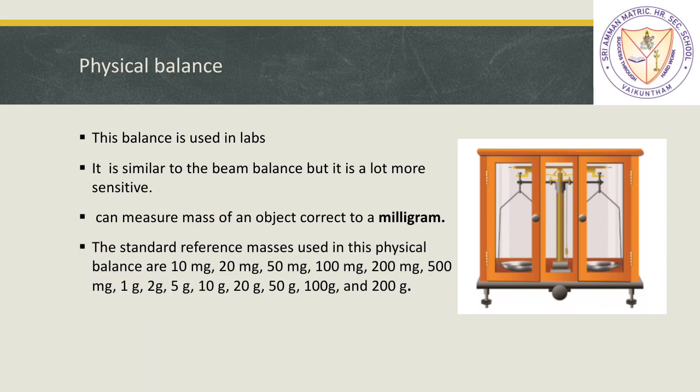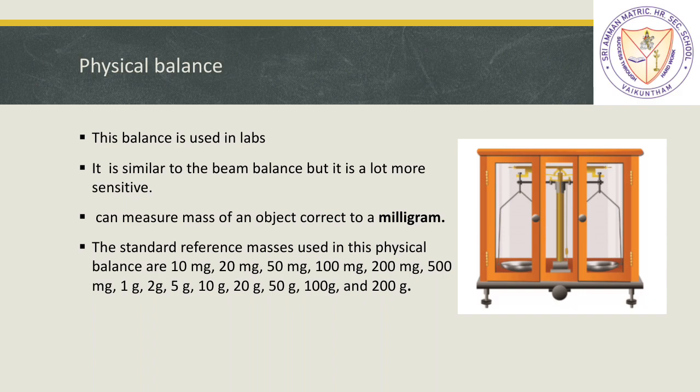The standard reference here also, what exactly we are doing is comparing the standard mass with the sample mass. On one plate, we keep the standard mass. Here the standard masses will be 10 milligram, 20 milligram, 50 milligram, 100 milligram, 500 milligram, 1 gram, 2 gram, 5 gram, 10 gram, up to 200 gram.